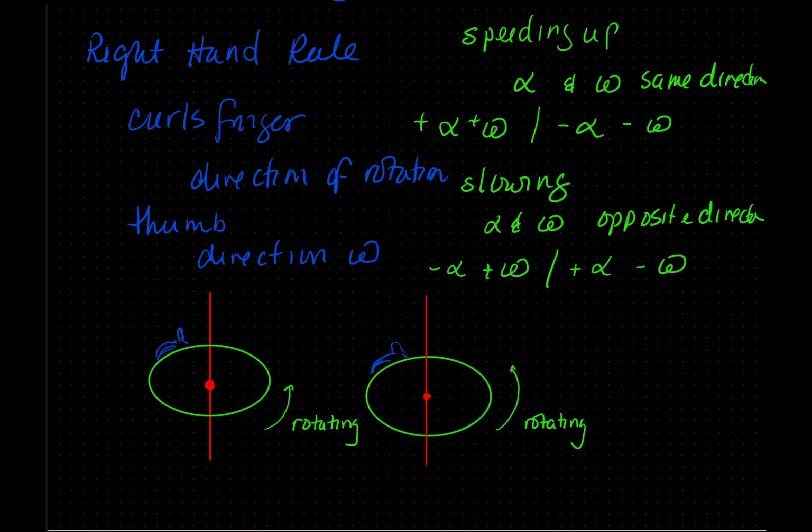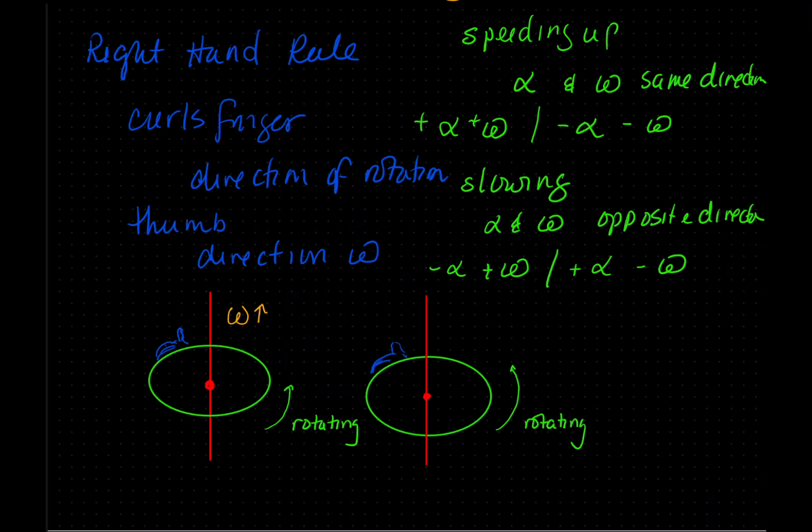Let's look at the first picture on the left. If I look at my left, my object is rotating counterclockwise. So my fingers go counterclockwise. My thumb points up. So the direction of the angular velocity is up in the direction of the plane.